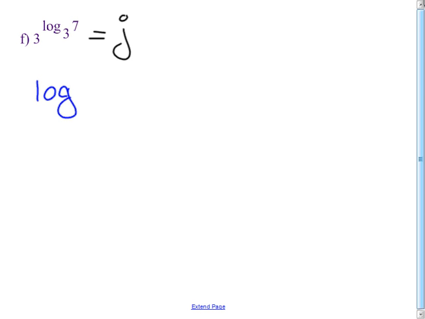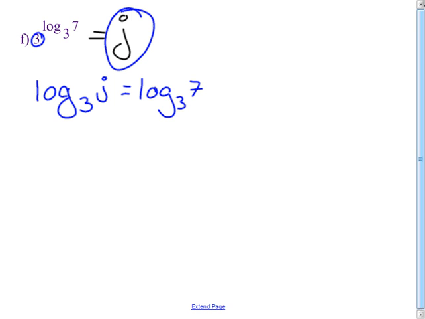So this is log, my base is 3, of my argument j equals my exponent, log base 3 of 7. Because remember, log equals an exponent. So when I write it into logarithmic form, it equals the exponent. Hey, compare them. They're equal. Same base. What does j equal? 7.